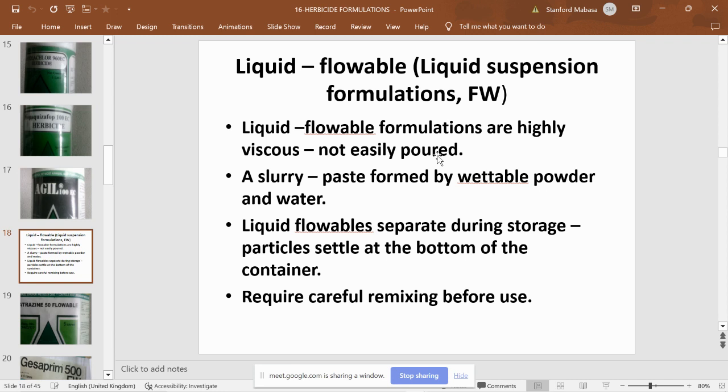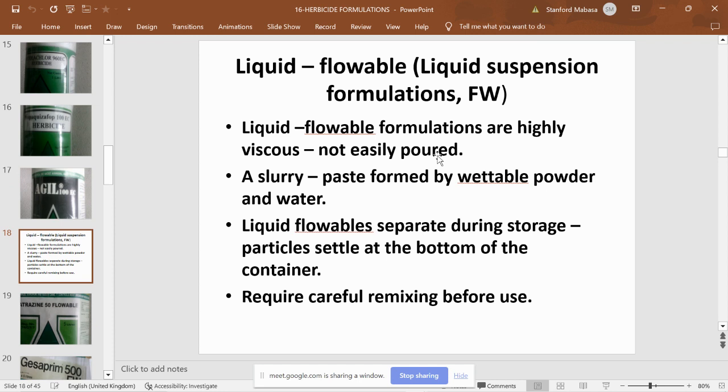Liquid flowable or liquid suspension formulations, designated FW. Liquid formulations are highly viscous. They cannot easily be poured. It's a slurry paste formed by wettable powder and water.